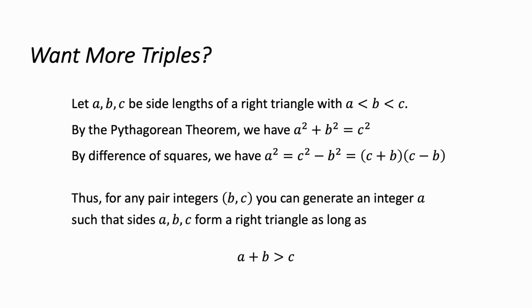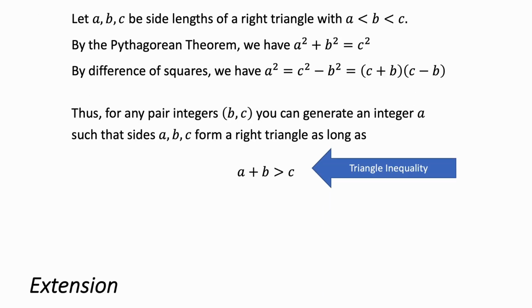Then for any pair of integers b, c, I mean, it doesn't have to be integers, but it works best with integers because we're most familiar with integers, you can generate an integer a such that a, b, c form a right triangle as long as a plus b is greater than c. And that is the triangle inequality.